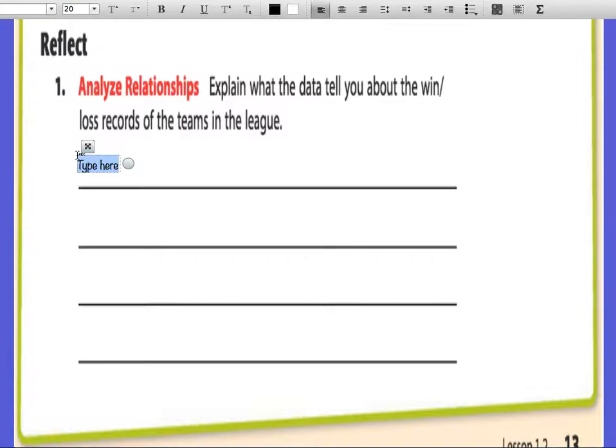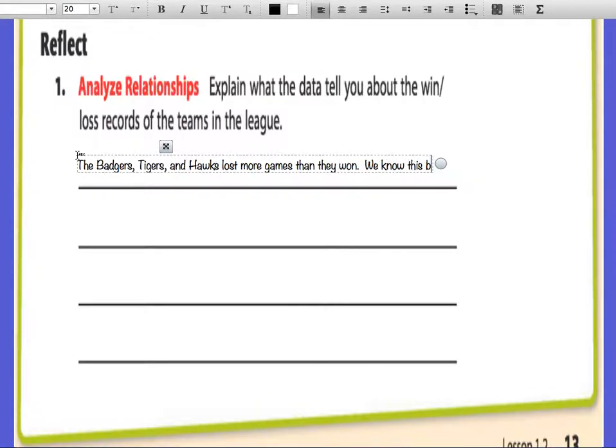So the first one we said, the Badgers, Tigers, and Hawks lost more games than they won. We know this because their overall total is negative.